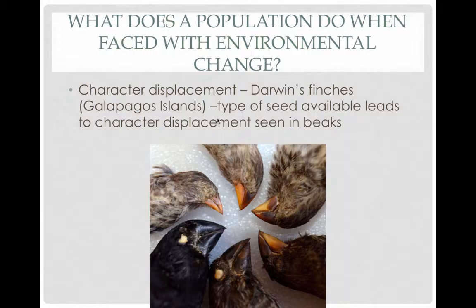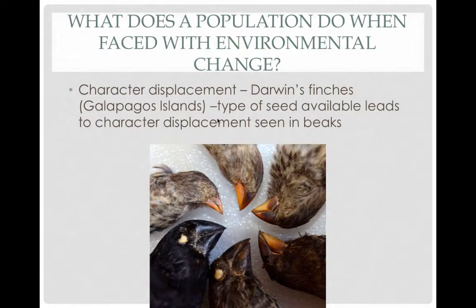In years where the seeds have thin shells, but they're kind of tough to get at because they're buried in the plant, the ones with the little thin pincher-like bills are the ones that can get to it best. Now again, they do not magically grow these bills in response to the environment.